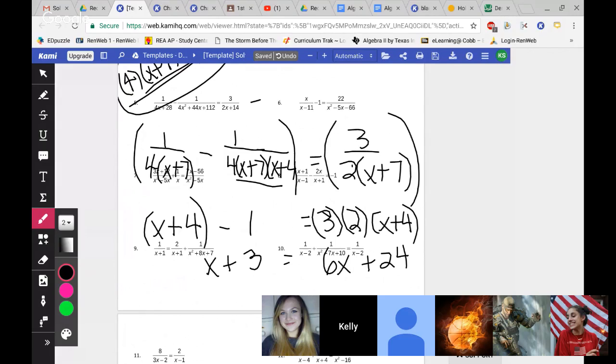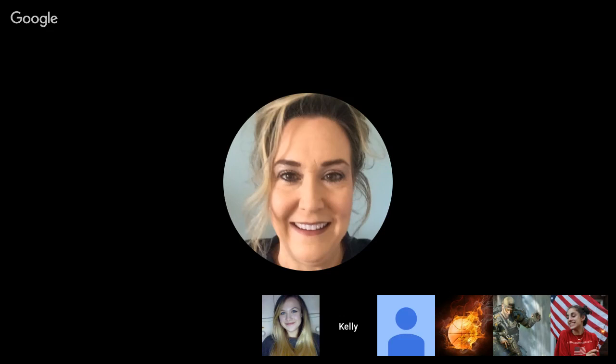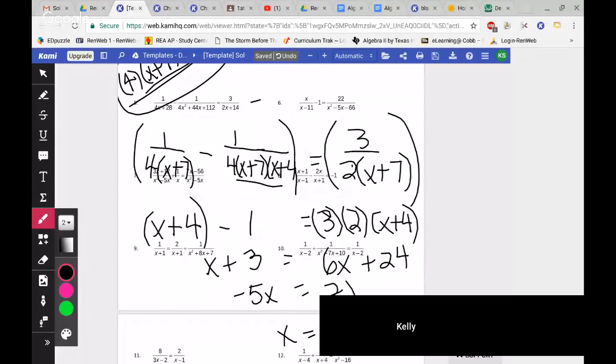So I'm going to take a 6x and subtract it from both sides, which is going to give me a negative 5x. Negative 21 over 5. And that's your final answer.